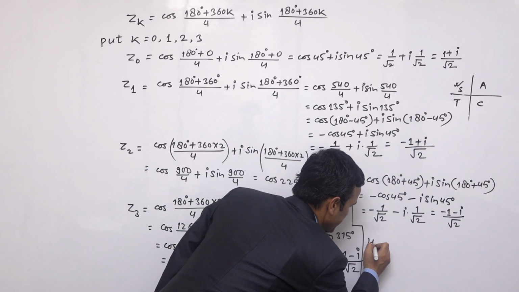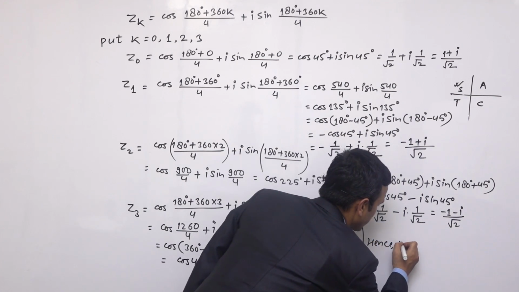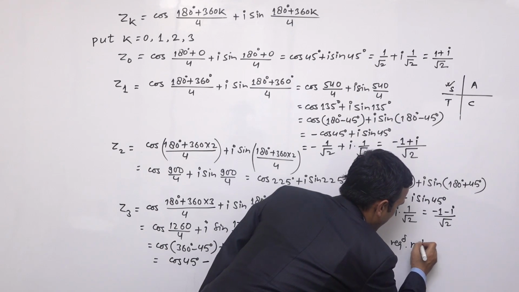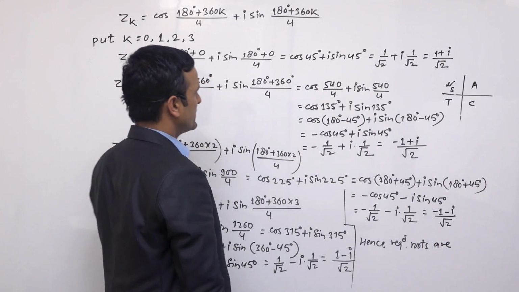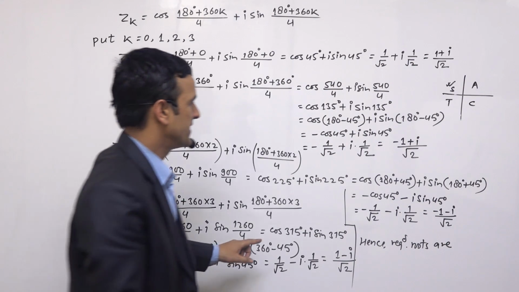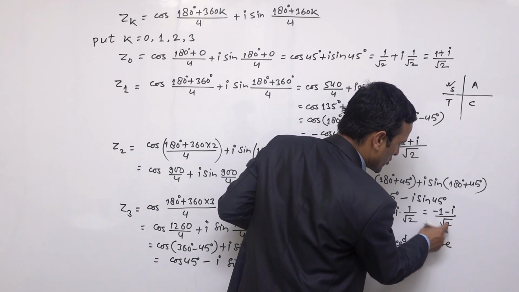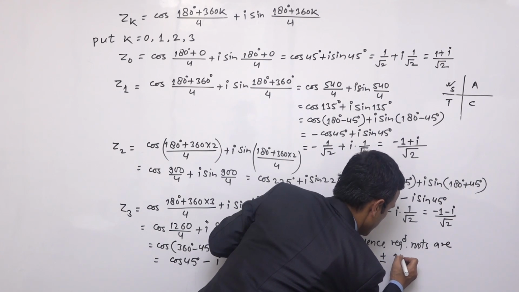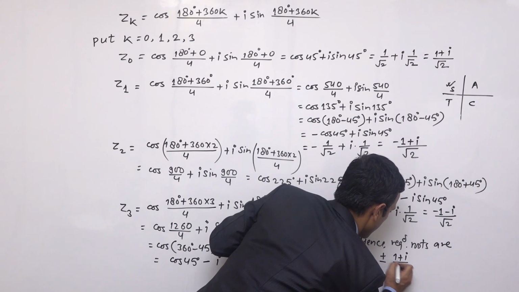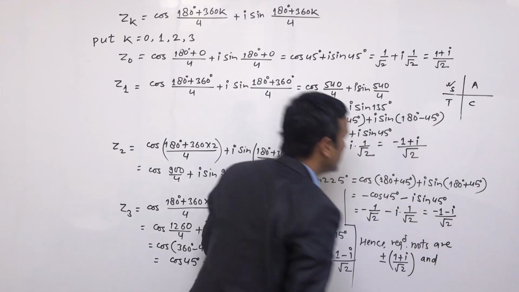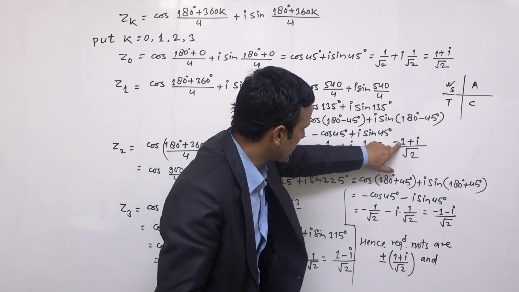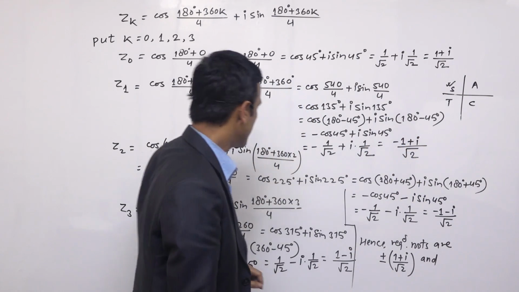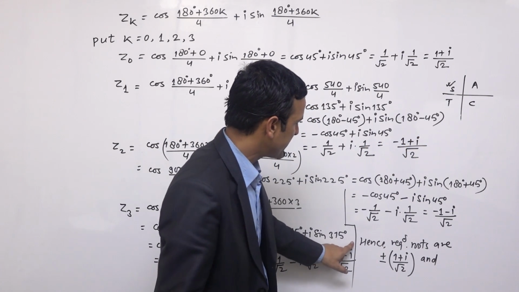Hence the required roots are: this is one of the solutions, and also (1 plus i) by root 2, but it is negative. That's why write down plus minus (1 plus i) upon root 2. This is one of the solutions. And here, if you take minus common, then it will be (1 minus i) by root 2, and again here (1 minus i) by root 2.